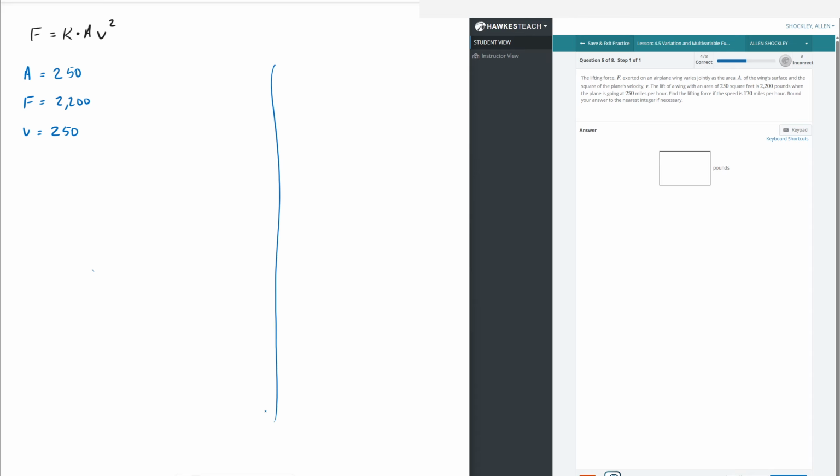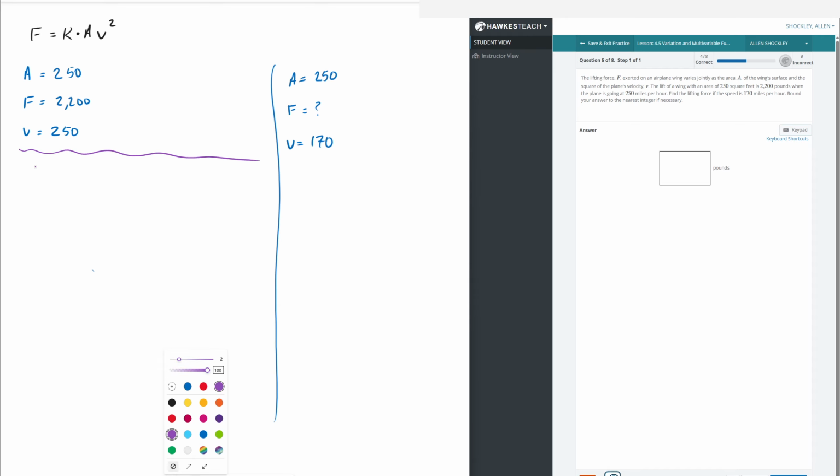It wants us to find the lifting force if the speed is 170. What's nice is that it doesn't give us a new area, mostly because we're not flying a new plane. We're using the same plane, so the area is still 250. But again, we need to solve it the first time.